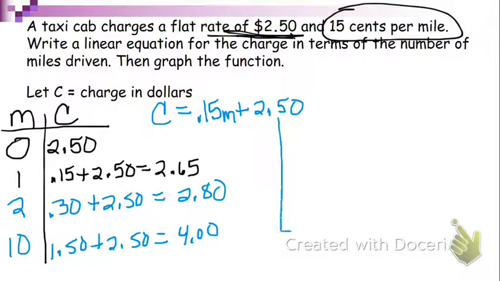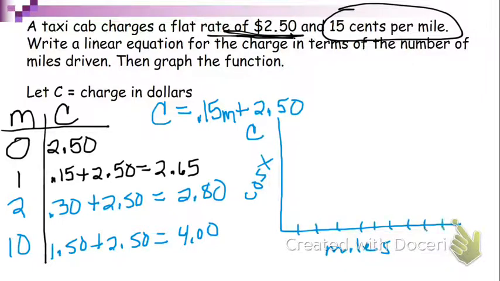Alright, so I just filled in a couple of numbers and make my graph. So this would be C, this is your cost, and here's your number of miles. So 1, 2, 3, 4, 5, 6, 7, 8, 9, 10. And now it's kind of hard to do the cost here.